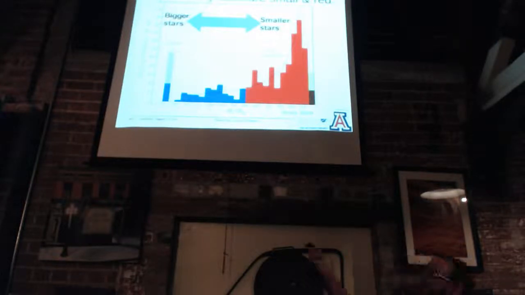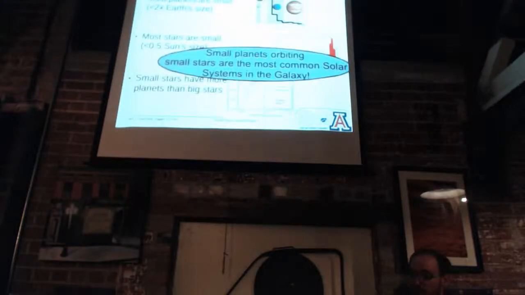And also those stars are so much less common than M dwarfs that even if they all had 10 planets around them that we couldn't see, probably most of the solar systems would still be around small red stars. So these small planets orbiting small stars are the typical solar systems. And we've only discovered this in the last year or 2. So it's really remarkable to know about this.